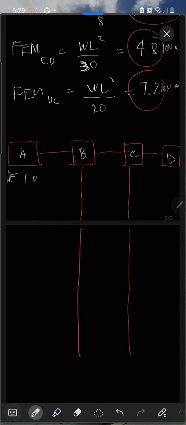Okay na lang: 1.0, 0.43, 0.57, 0.57, 0.43, and 1.0.